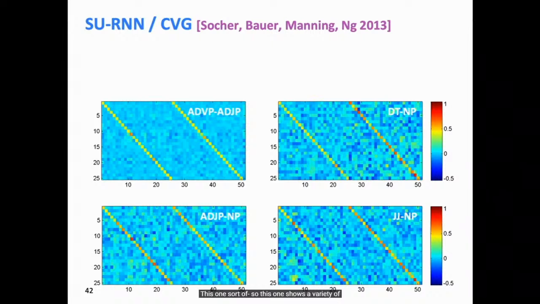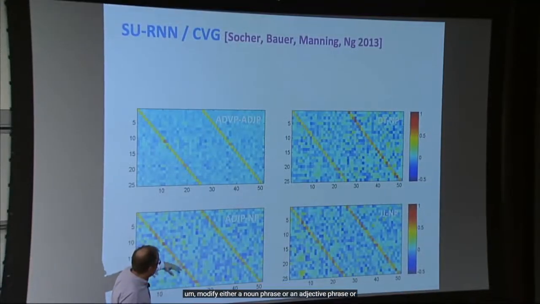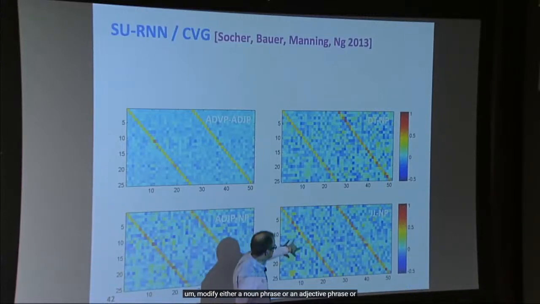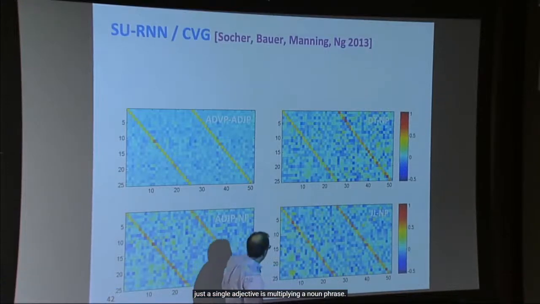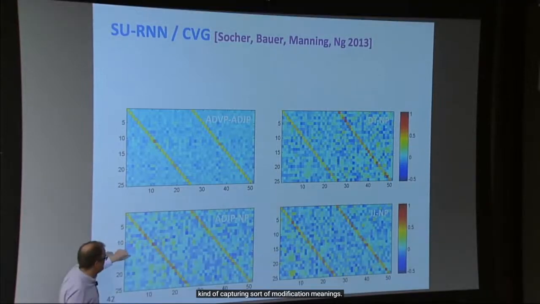This one shows a variety of modification structures where adjectives or adverbs are modifying either a noun phrase or an adjective phrase, or just a single adjective multiplying a noun phrase. And the thing that you seem to notice is that there are particular dimensions which are capturing modification meaning.